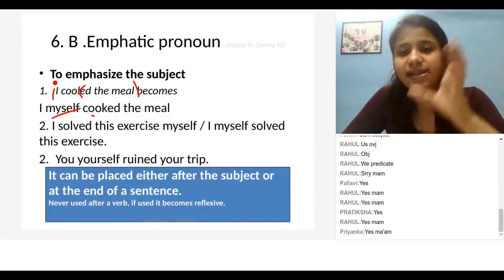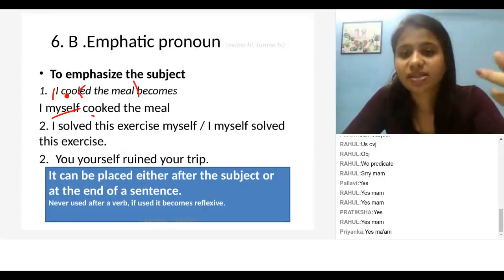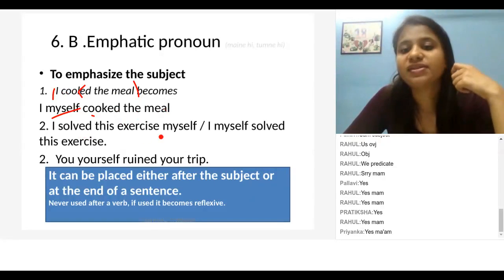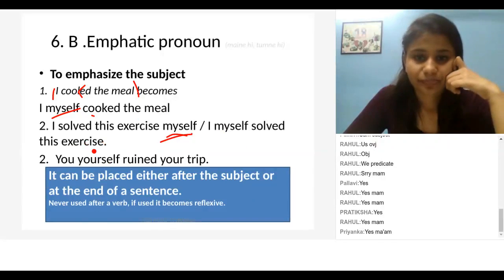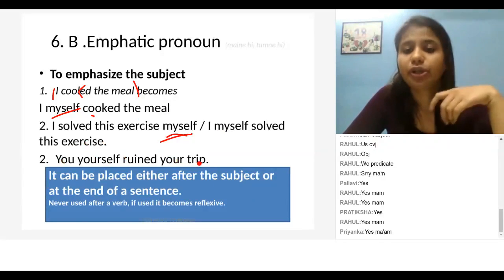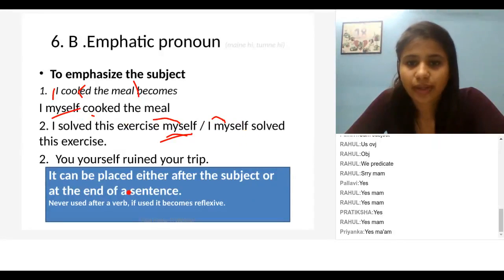Otherwise, I cooked the meal is a sentence which gives the information, but you want to emphasize the fact, so you say I myself cooked the meal, or I solved this exercise myself. I myself solved this exercise, or you yourself ruined your trip. Okay, so it can be placed either after the subject or at the end of the sentence. So here it is placed at the end of the sentence. Here it is placed after the subject. Okay.